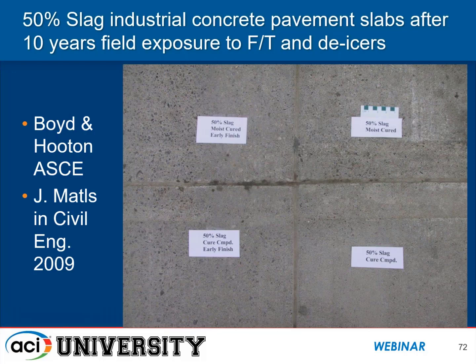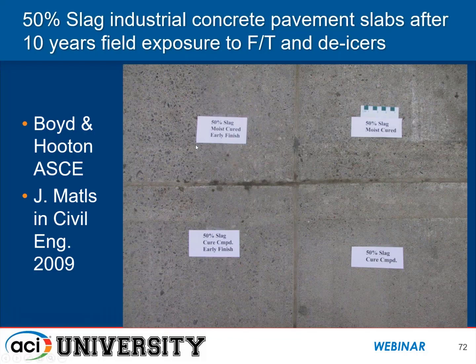This is some concretes we cast, pavement sections exposed to salt and freezing and snow removal after 10 years, and these are all 50% slag mixes with two different curing regimes. They were moist cured for 7 days or cured with a curing compound. We also tried prematurely finishing, because the finishing time was a little slower for these mixes, so we had them prematurely finish the concretes, which could trap bleed water.